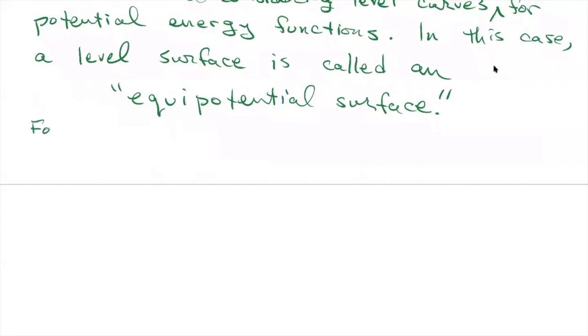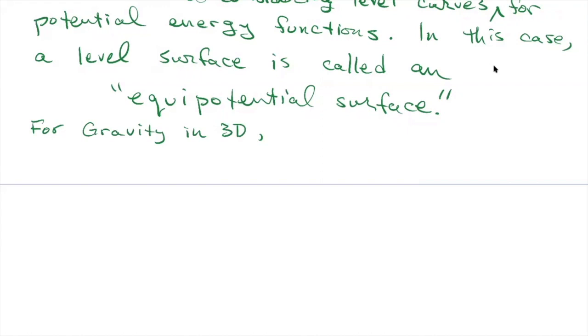For gravity in 3 dimensions, I think I'll leave this to you guys to see if you can figure this one out. So for gravity, and I don't mean gravity that points down, I mean gravity that points to the center of the Earth, wherever you are on the Earth.